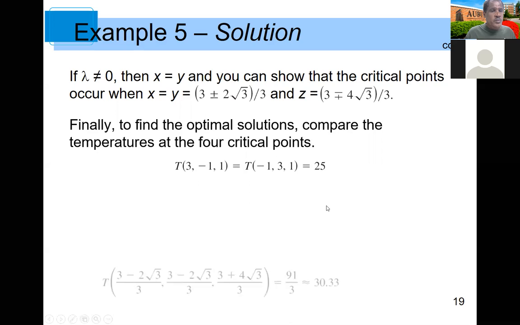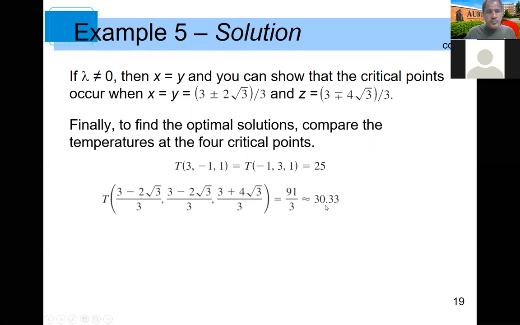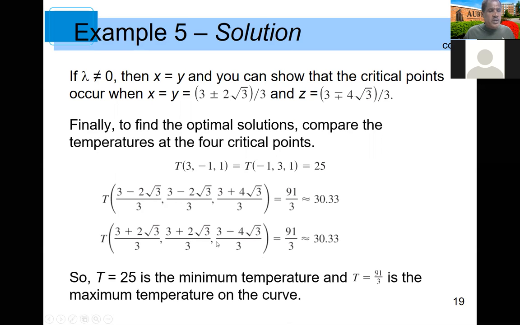The next one will be: if you put the second equation, which I showed you, this was the second number, if you put this one for x, y, and z in t, you will get 91 over 3, which is 13.33. If you put the other number, again, you will also get 91 over 3. You can check this.